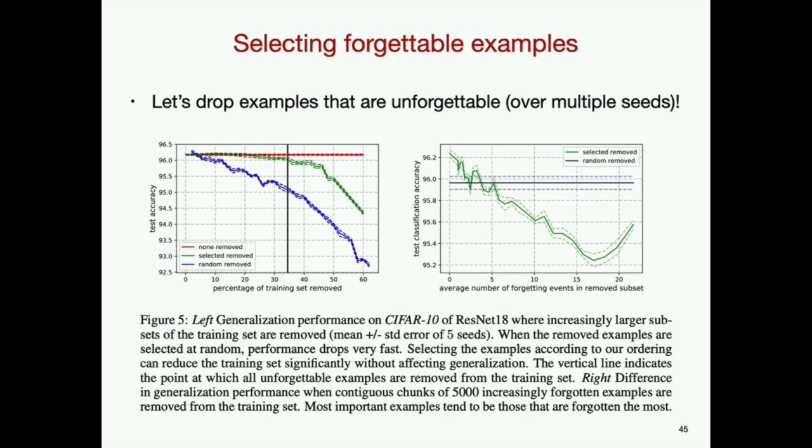Right. So keep the difficult, discard the easy, and we are going to be good. The only issue is that we have to train the network first to calculate these forgetting scores. Now we have to restart, and now we can get data efficiency.